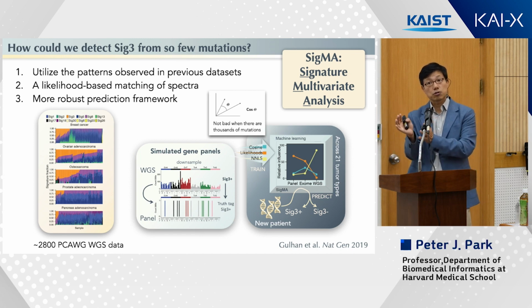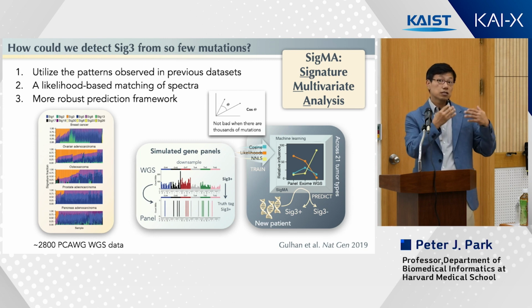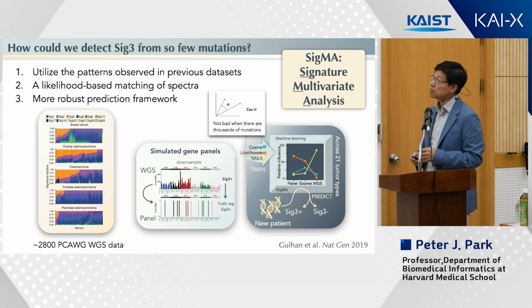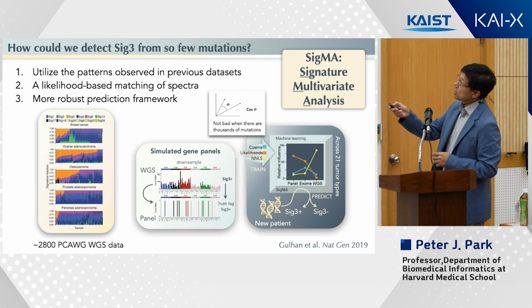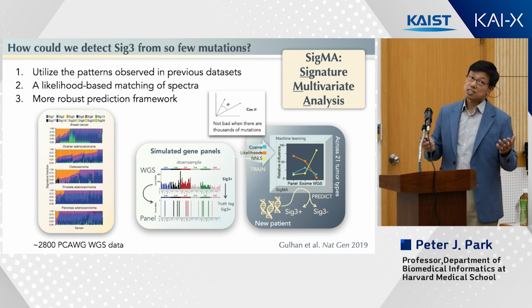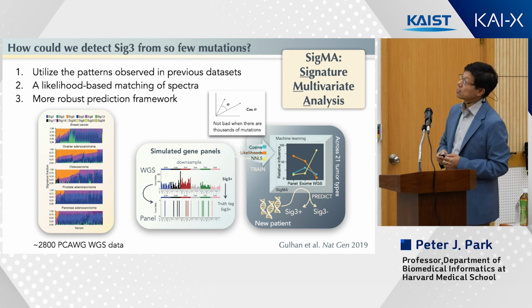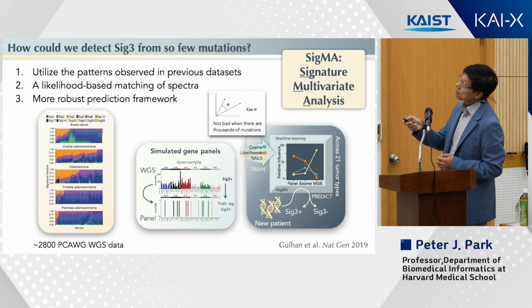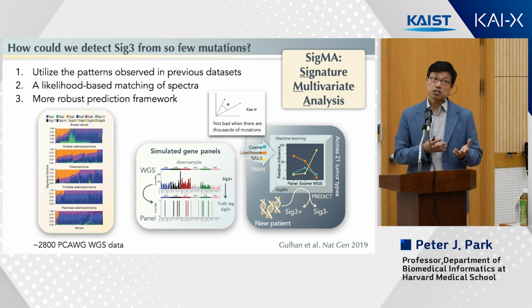They tend to co-occur. Certain signatures like to occur together, and we can see this per different tumor type, because every tumor type is different. So we utilize patterns observed in previous data sets, and this was not possible when we didn't have thousands of whole genome data. And then there's a little bit more mathematical work that needs to be done.